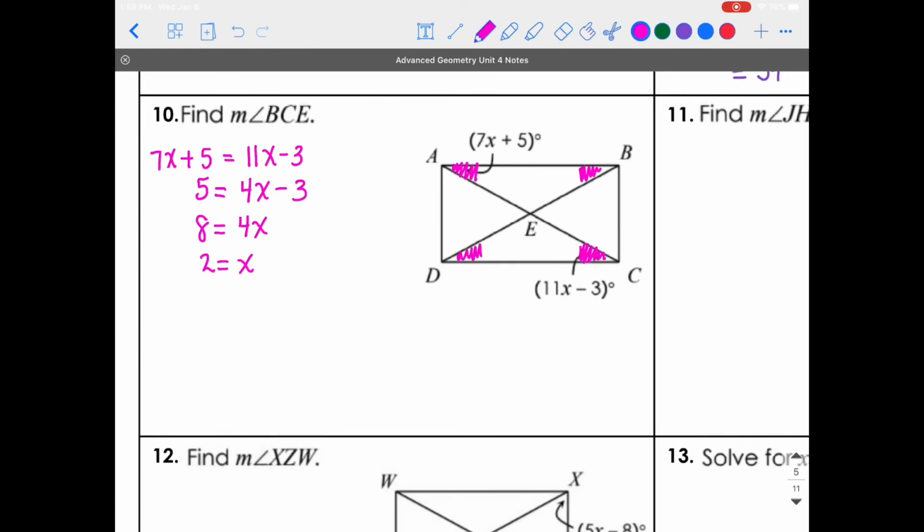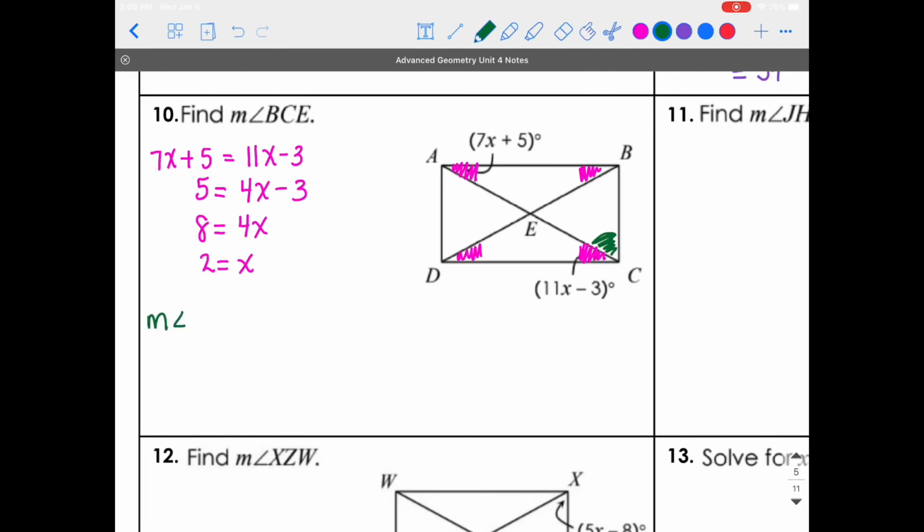I'm going to go kind of fast, but feel free to pause it and kind of work through them as you feel need. All right, so then it's asking me for BCE right here, but I'm going to need to find the pink one beside of it first.